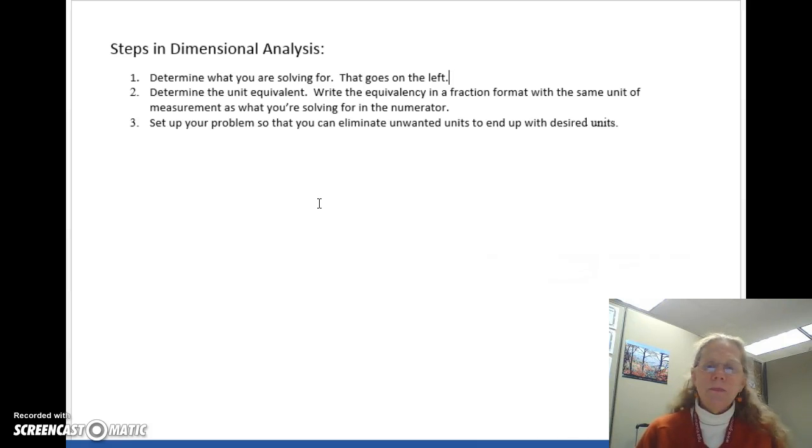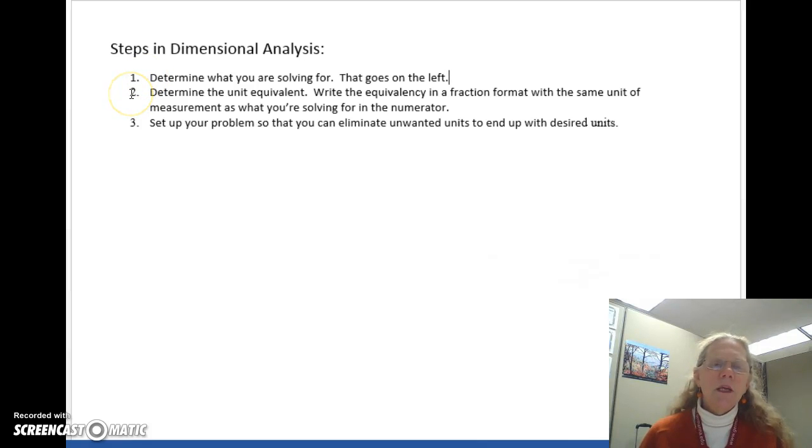So the steps in using dimensional analysis are as follows, just as I have listed here. The first step is to figure out what it is you're solving for. Once you figure that out, that will go on the left side of your problem.